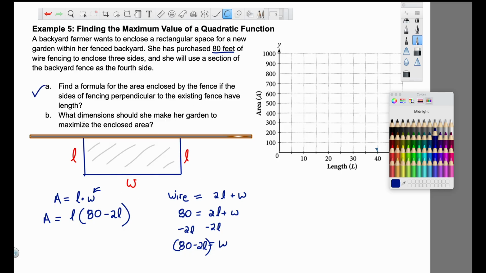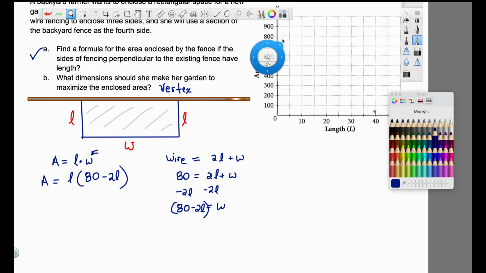What dimension should she make her garden to maximize the enclosed area? So we really need to find the vertex here. The vertex is going to give us the max or the min. In this case, it's going to be the max. I have this equation here, and a couple ways we can do this.